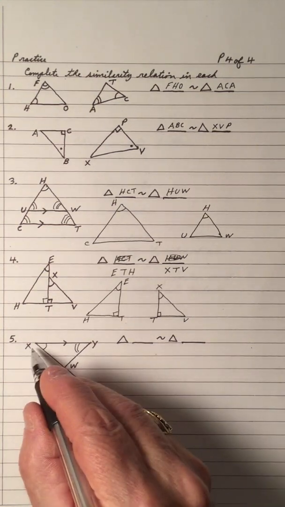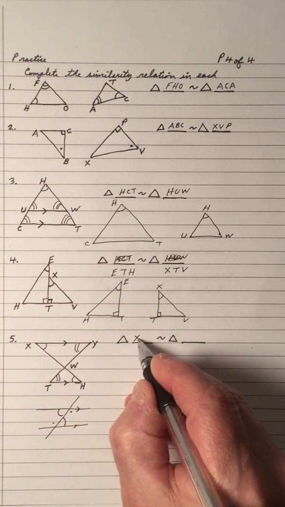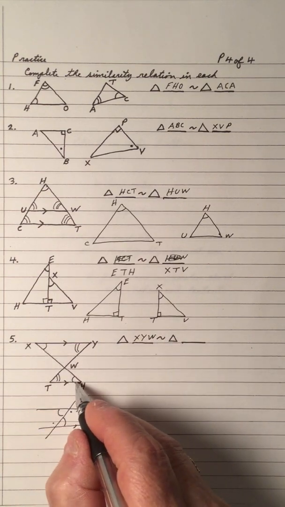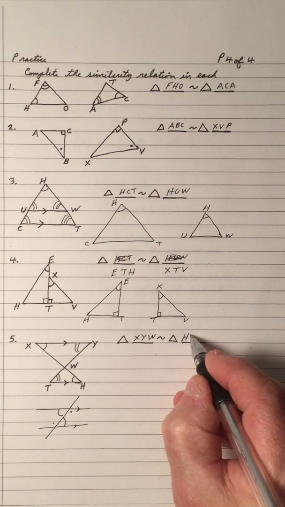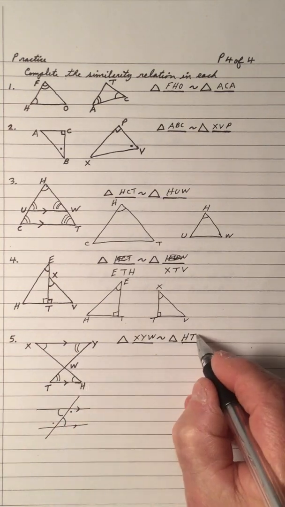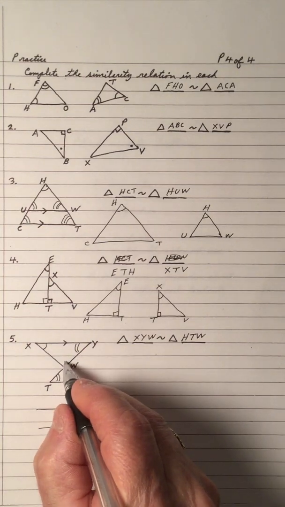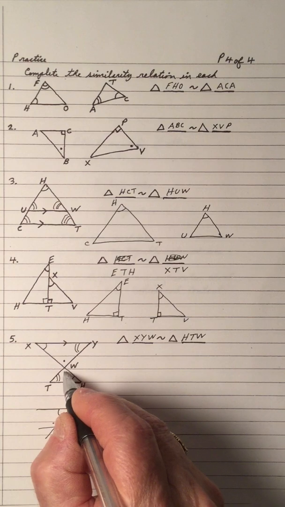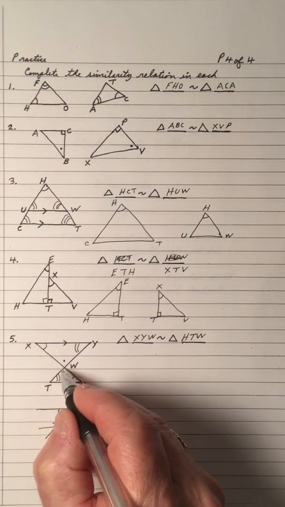So if I name triangle XYW, X goes with H, Y goes with T, and W is left, goes with W. And also, this angle right here, and this angle, so YWX and TWH, this angle equals this one.